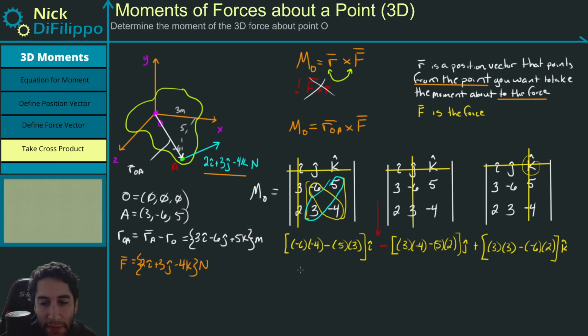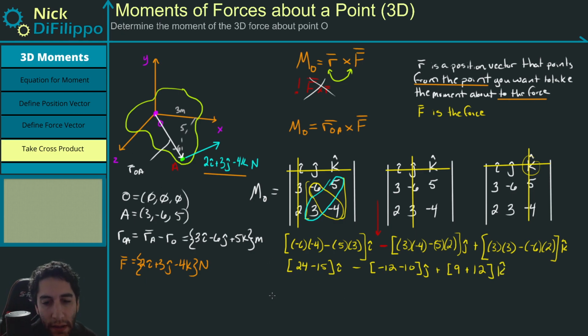Okay, so now let's simplify this. This is 24 minus 15 i. Then we have a minus, we have a minus 12 minus 10 j, and then plus 9 plus 12 k.